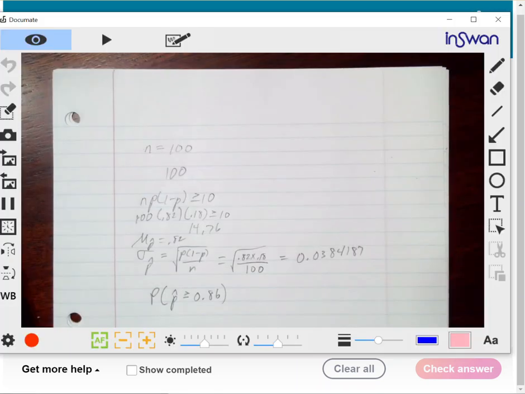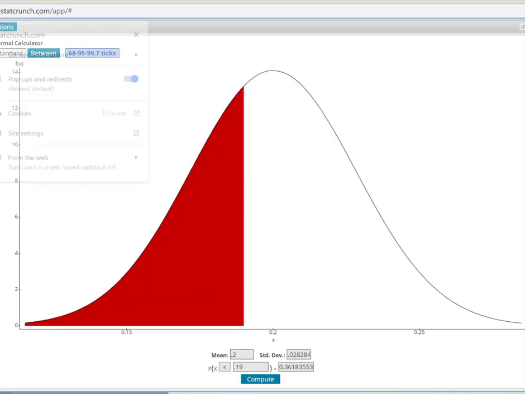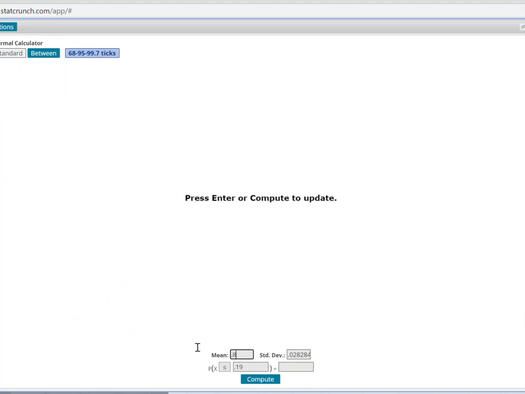So let me go back here. So basically, this is the probability we are finding, that p hat is greater than or equal to 0.86. And let's go ahead and plug in our numbers into the calculator. So our mean is 0.82. Our standard deviation was 0.038.